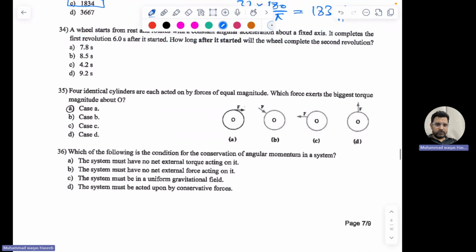So the next question is 35. Four identical cylinders are each acted on by forces of equal magnitude. Which force exerts the biggest torque? So torque is r cross F, which is r F sine of theta.